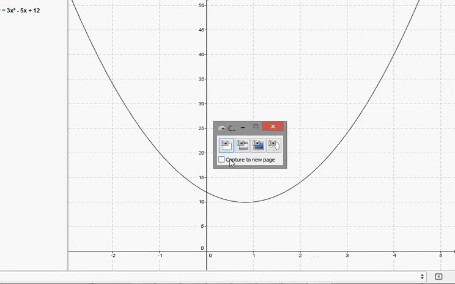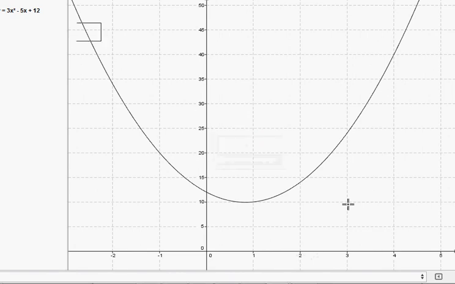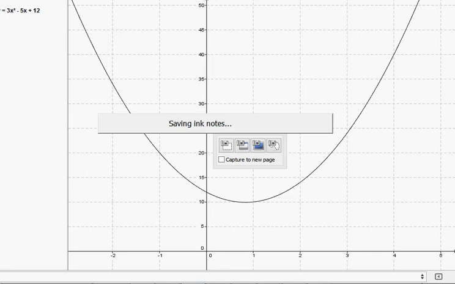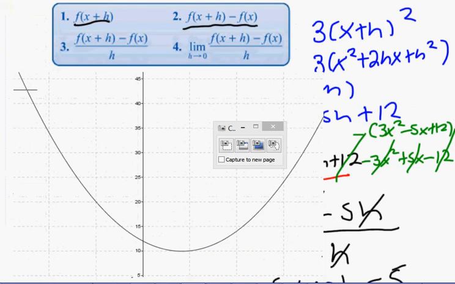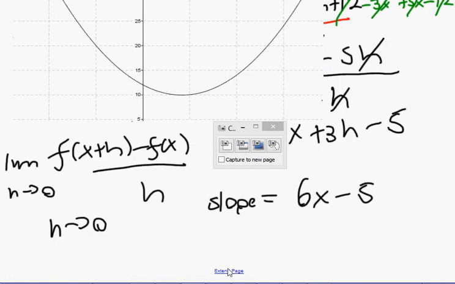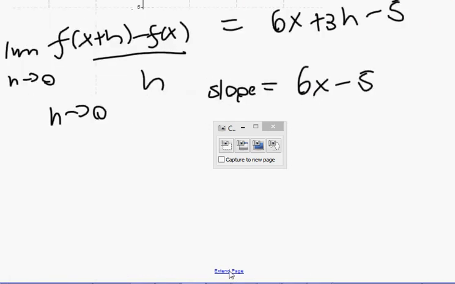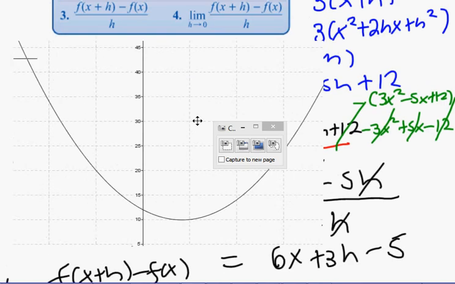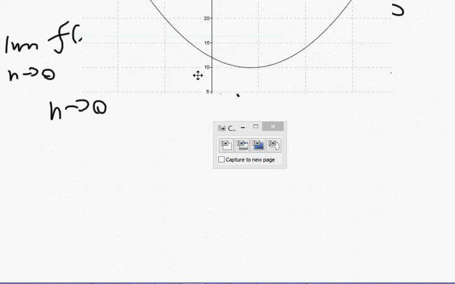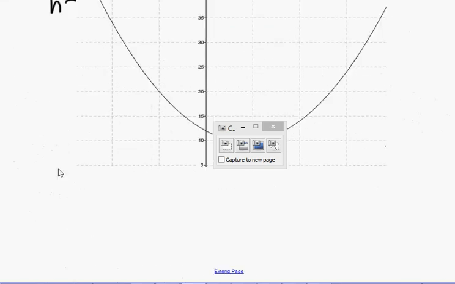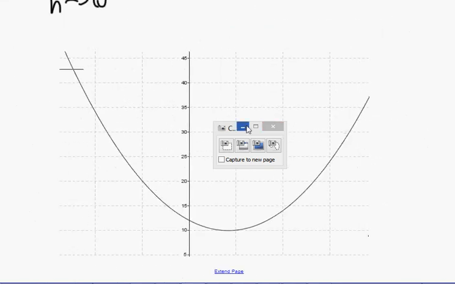So, for example, if I was to take a snapshot of this, it's like that graph we've seen at the start of the chapter, okay? Where basically it has different tangents at different points.